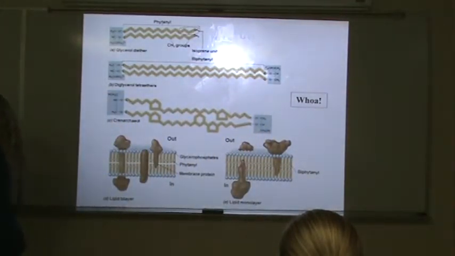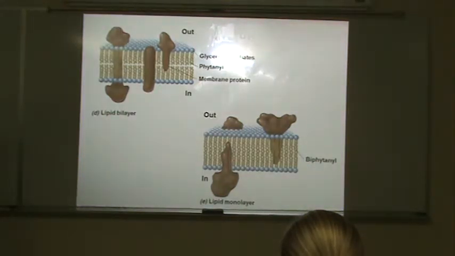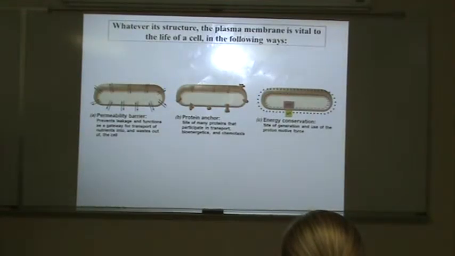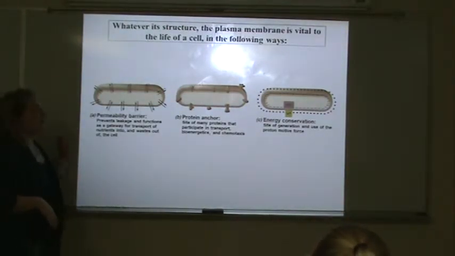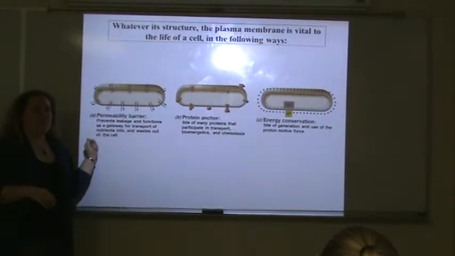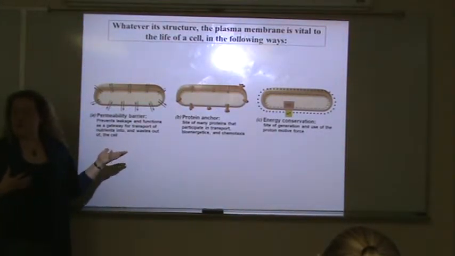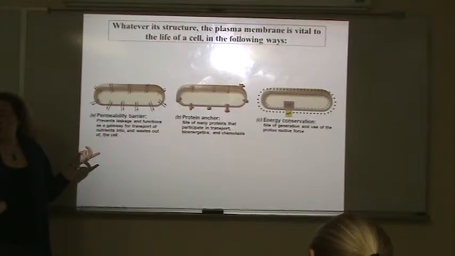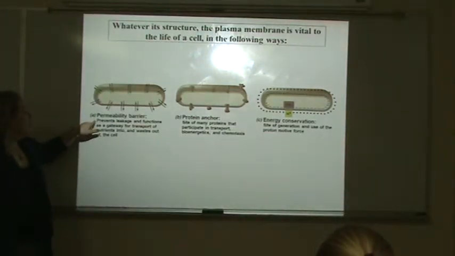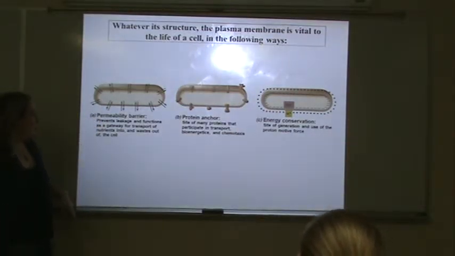But whether the membrane is bilayer or monolayer, whether it has ester or ether linkages, this is just a zoom in of what I just showed. The plasma membrane is still doing the major things that you've learned about before that plasma membranes do. So it's still a permeability barrier, keeping certain things out while letting other things cross.